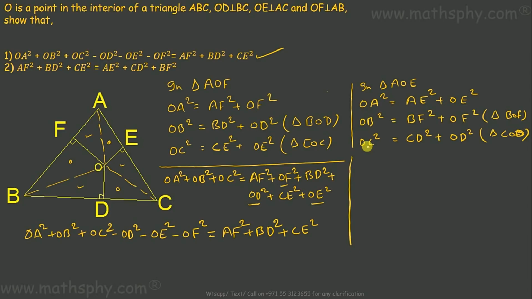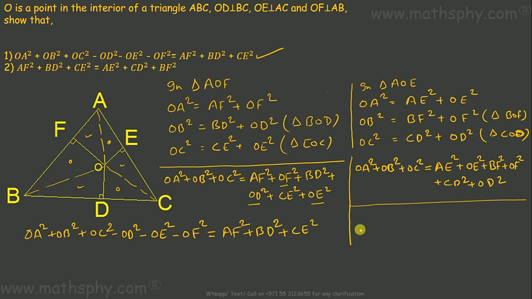Okay. Now let's sum this up. If you see, OA square plus OB square plus OC square is equal to this, and OA square plus OB square plus OC square is equal to this. It means this piece here can be equal to this piece.